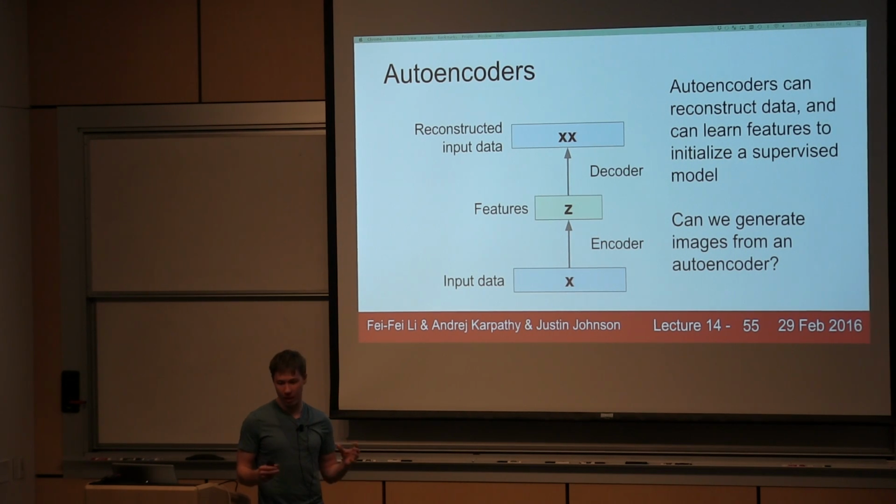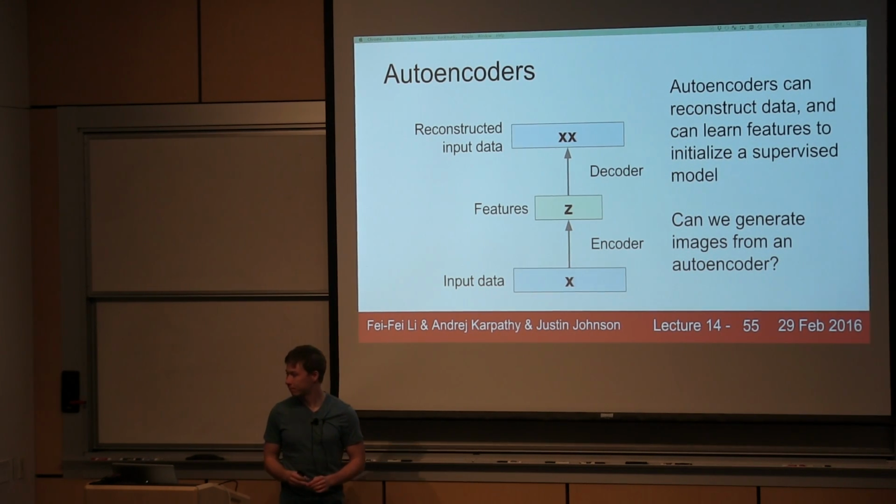Rather than just regurgitating the data and learning the identity function in the easy way, we're going to bottleneck the representation through this hidden layer in the middle. So in the middle, the network is going to have to squeeze down and summarize and compress the data. And hopefully, that compression will give rise to features that are useful for other tasks. Is that maybe a little bit more clear? OK.